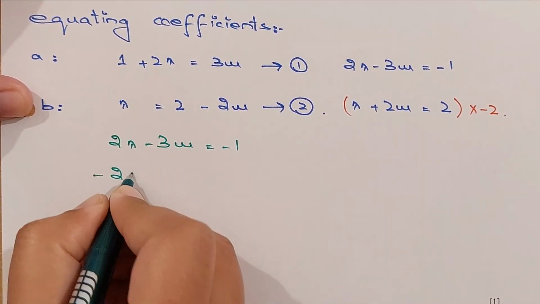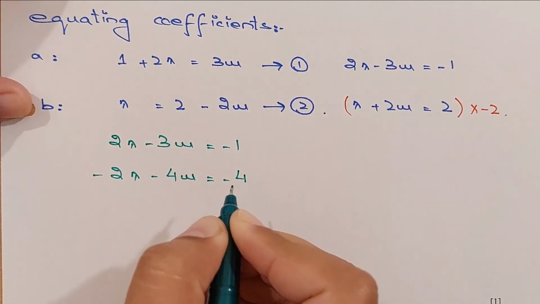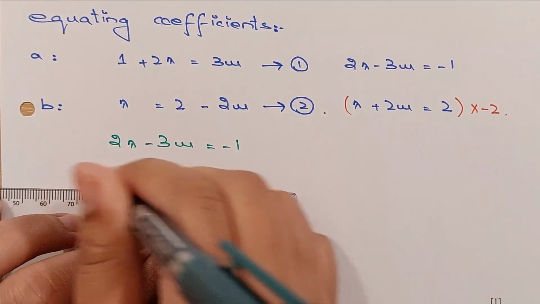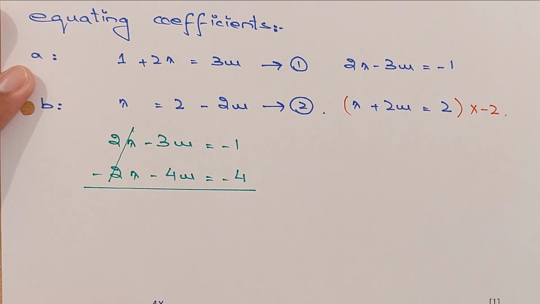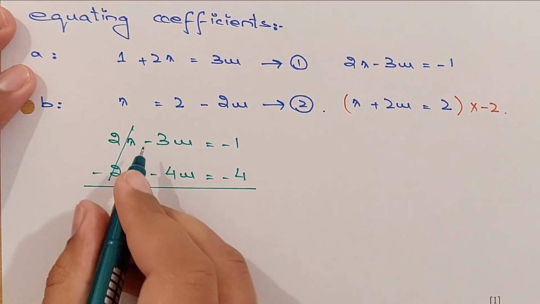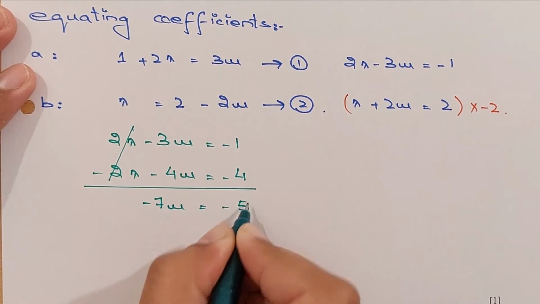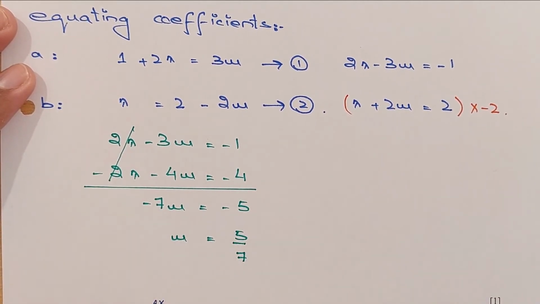Multiplying by -2 gives -2 lambda minus 4 mu equals -4. Now let me add both equations to get the value of mu. We can cancel the lambda terms, so -3 and -4 is -7 mu, and -1 and -4 is -5. So mu is equal to 5 by 7, right?